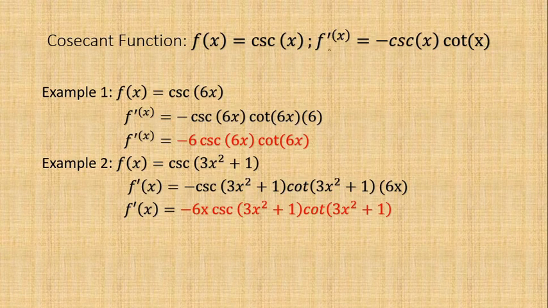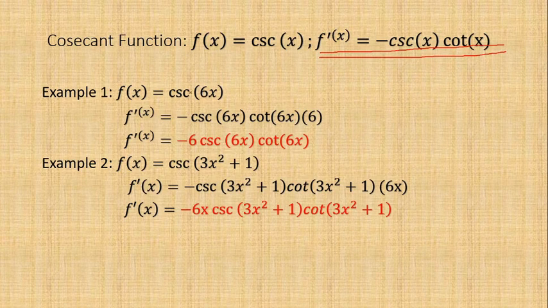Now we have the cosecant function. So the derivation is this, okay? We're going to follow this. So example number 1, f of x is equals to cosecant 6x, then f prime of x is equals to negative cosecant 6x and cotangent 6x, times 6.